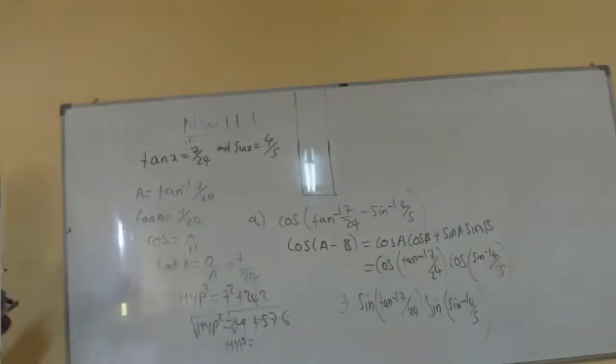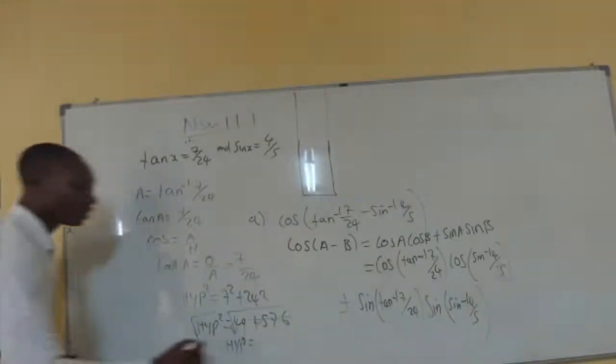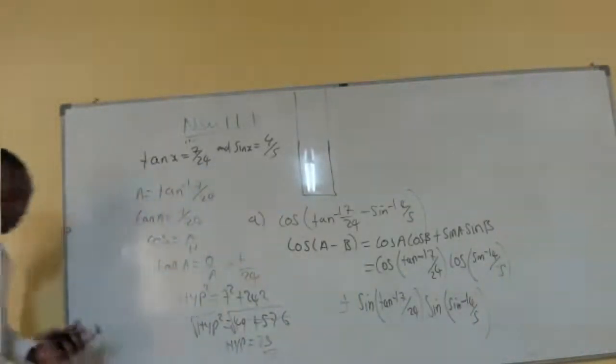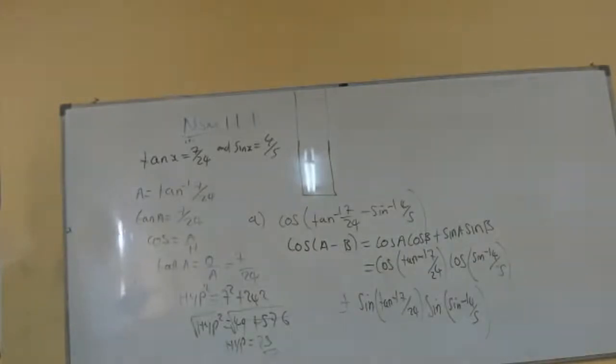What is the root of 625? It is 25, so the hypotenuse is 25.